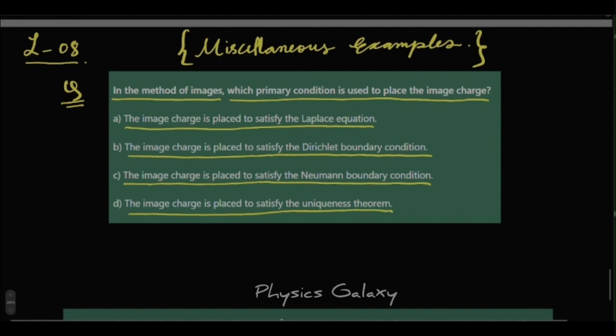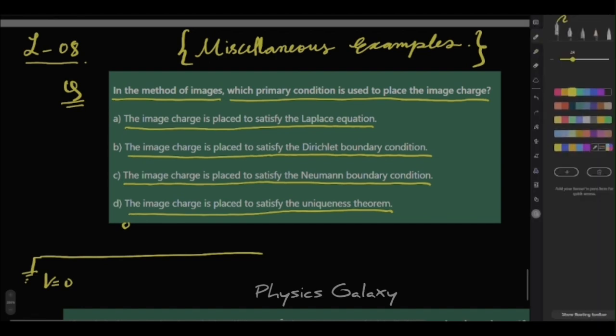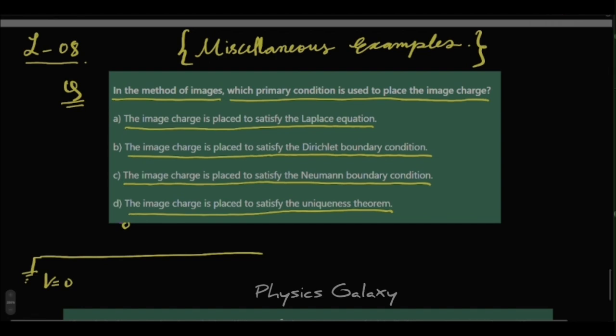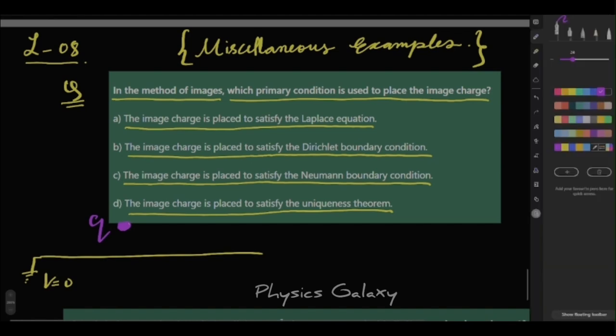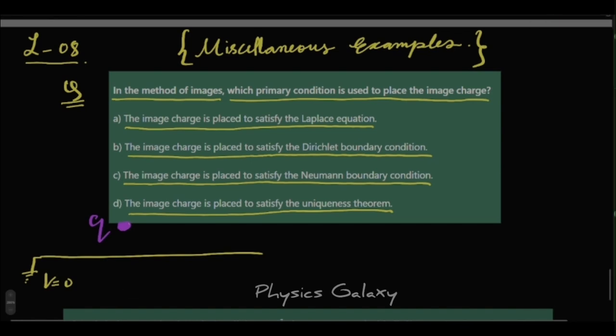So remember when we did some problems related to the method of images. Suppose we had an infinite grounded conducting sheet, V equals 0, and suppose this was our charge Q. Then we put an image charge minus Q here, to satisfy what? To satisfy V equals 0.